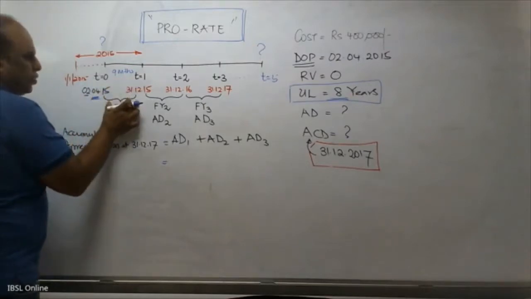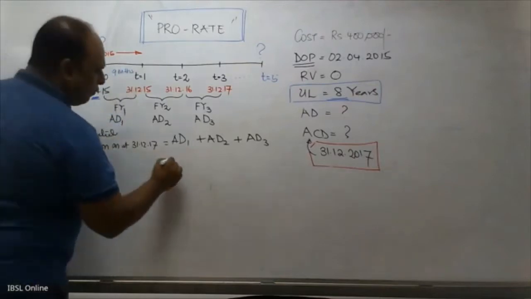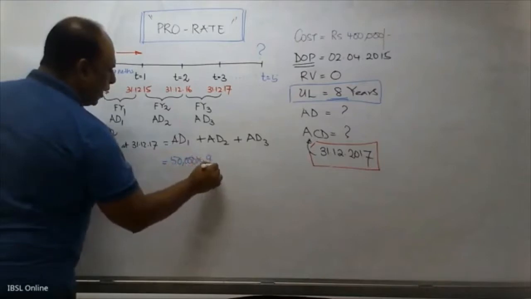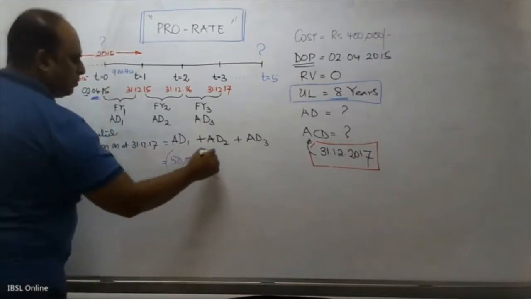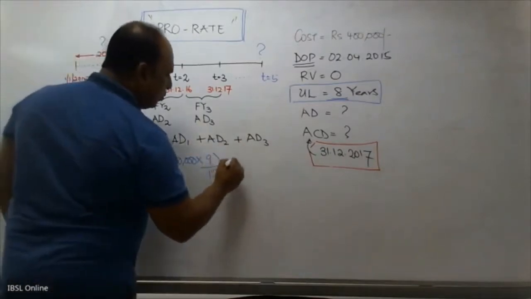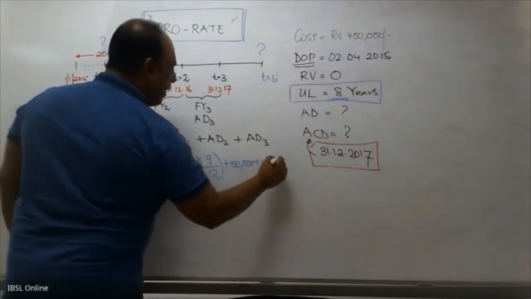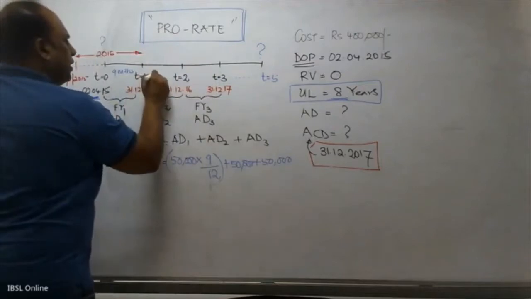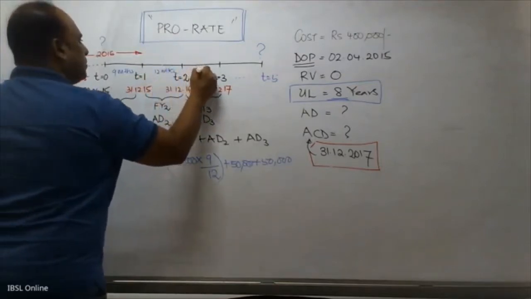So the AD1 would be 50,000 into 9 divided by 12. Right? The balance 2 will have the 50,000 each, because there it was 12 months each. The T2 here 12 months, here also 12 months.